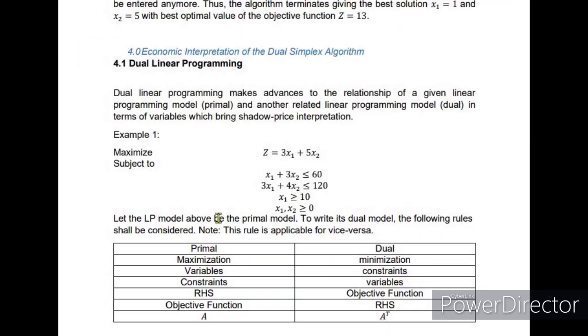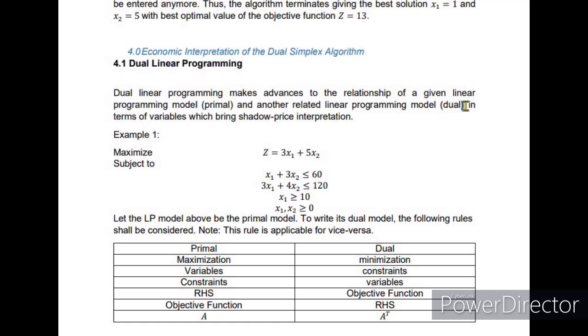Okay, next is the economic interpretation of the dual simplex algorithm. So dual linear programming, what is that? It makes advances to the relationship of a given linear programming model, the primal. So the first given is the primal, and another related linear programming model is the dual.